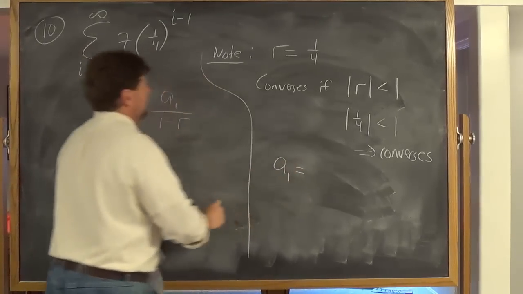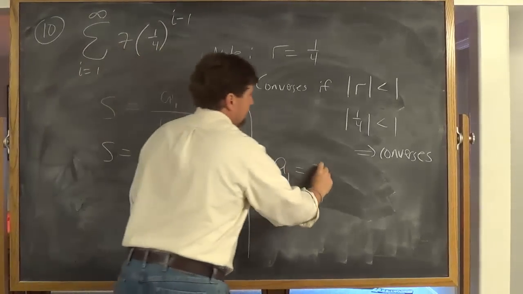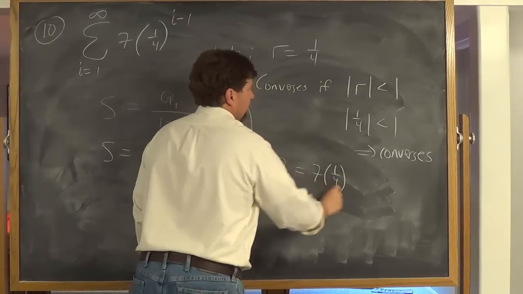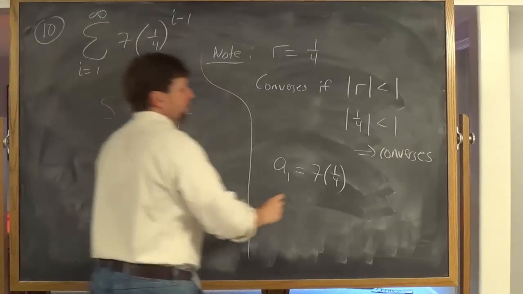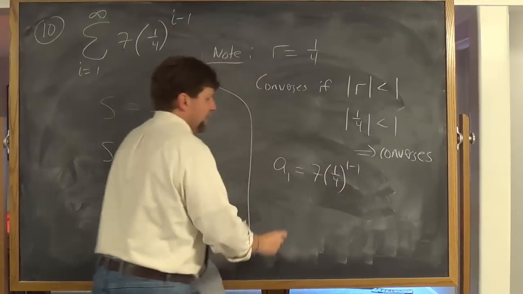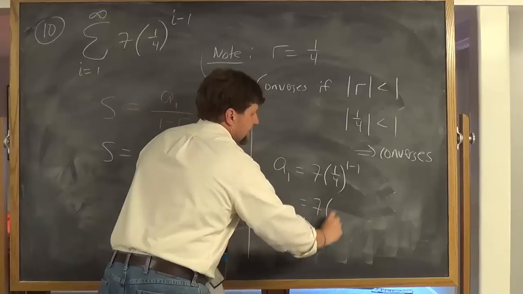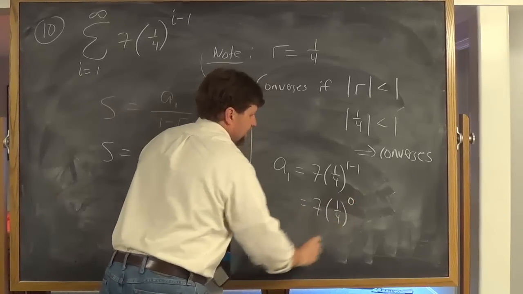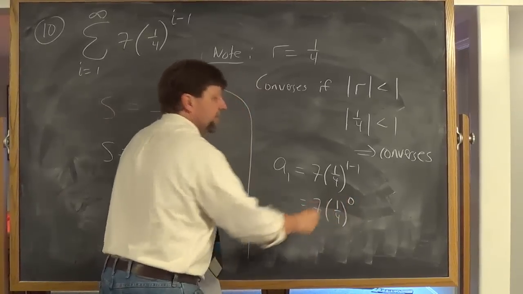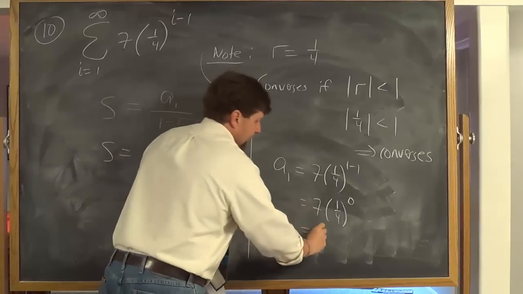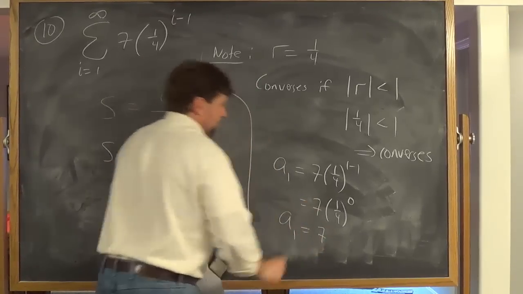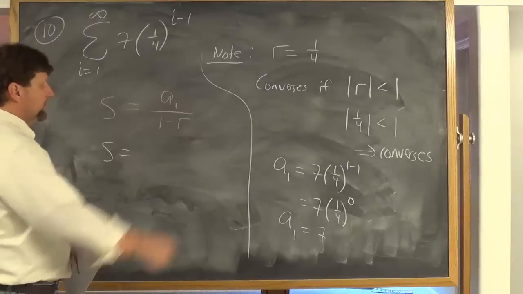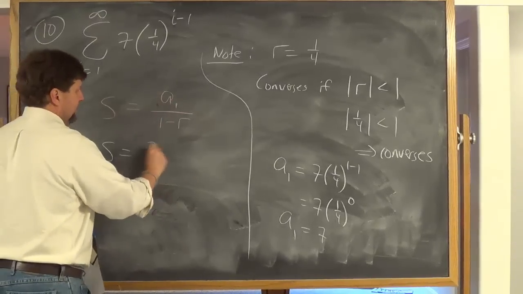a sub 1 equals 7 times 1/4, and I'll put a 1 in here for i, to the 1 minus 1. So that's 7 times 1/4 to the 0. 1/4 to the 0 is 1, and 7 times 1 is 7. So the first term, a sub 1, is 7.